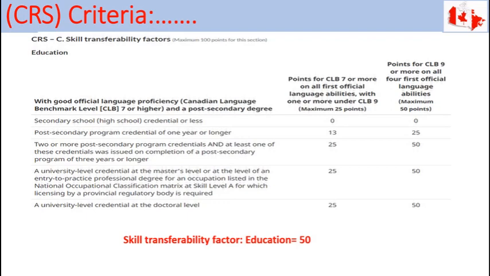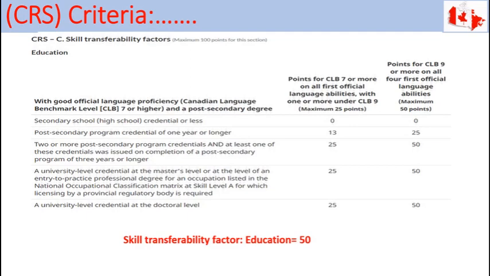So now the third, skill transferability factors, maximum 100 points you can get from here. So for a university level credential, for a master's level degree, you get 25 here. And if you have a PhD degree, university level for doctorate level, 25 here. But this depends on your IELTS score also.